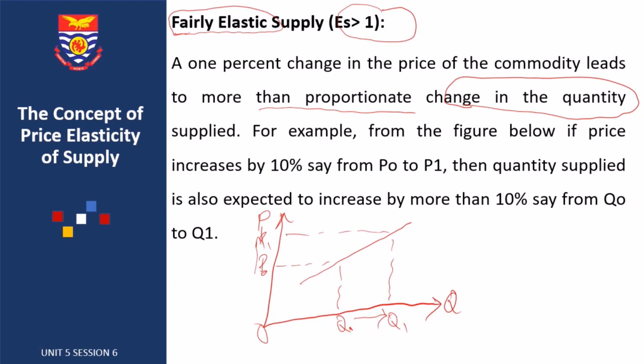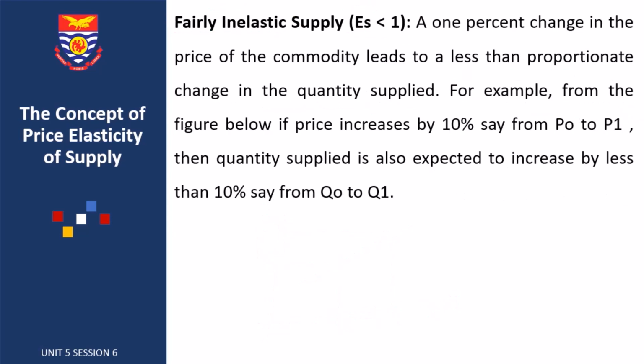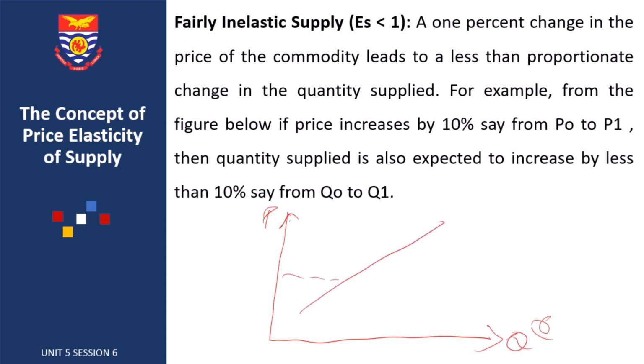Let's talk about fairly inelastic supply, where the coefficient is less than 1. Let me first draw my graph here. Here is the price axis, this is the Q axis. Supply is a positive curve. So I have Q0, Q1, the origin, P0, P1.